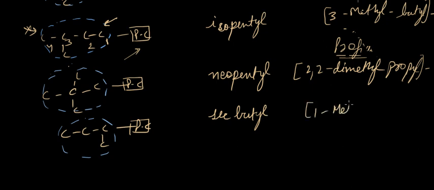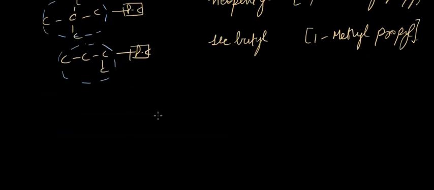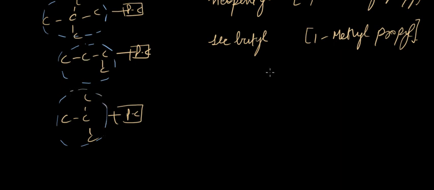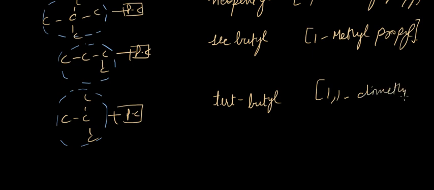Okay, if we have something like this, this is the principal carbon chain, then for this substituent the common name is tertiary butyl, and the IUPAC name is 1,1-dimethylethyl.